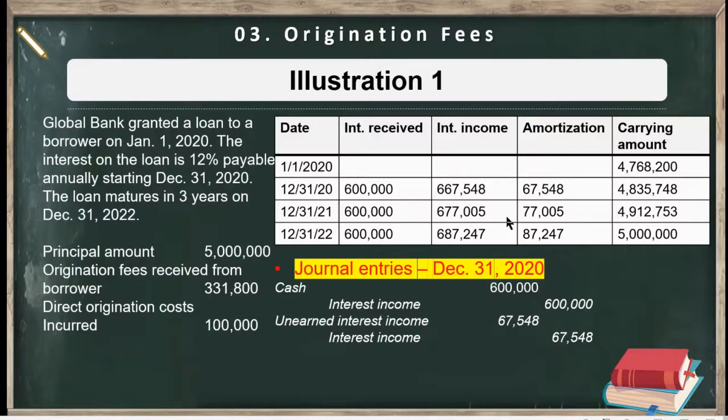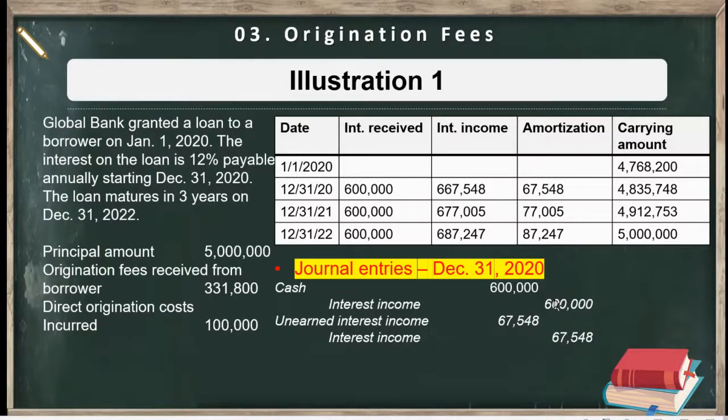So if you will be asked with a question, how much is the interest received? So ang answer na niya is 600,000. If you're asked, how much is the interest income? And then the answer would be 667,548. Okay?